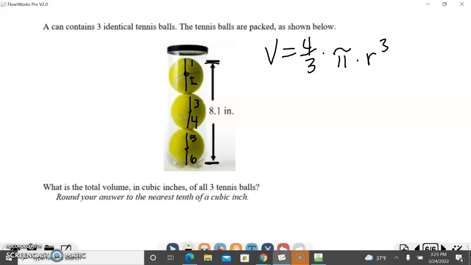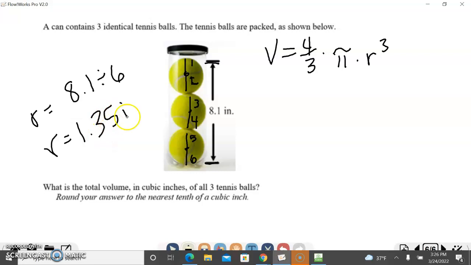So if we take this 8.1 inches and divide it by 6, that's going to tell us what is the radius. So 8.1 divided by 6 is going to be 1.35 inches. So the radius of each ball is 1.35 inches.